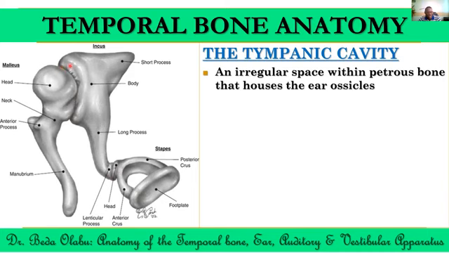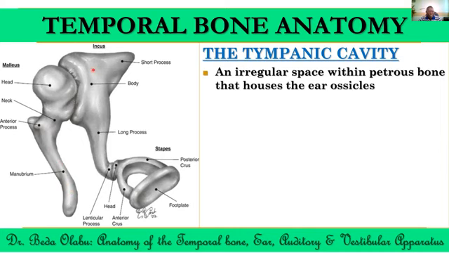So this joint here is the joint between the incus and the malleus. It's called the incudomalleolar joint. And this is the joint between incus and stapes, called the incudostapedial joint. Each of the ear ossicles have some parts. For the malleus, we have the head there, the neck, and this long process, the manubrium of the malleus.